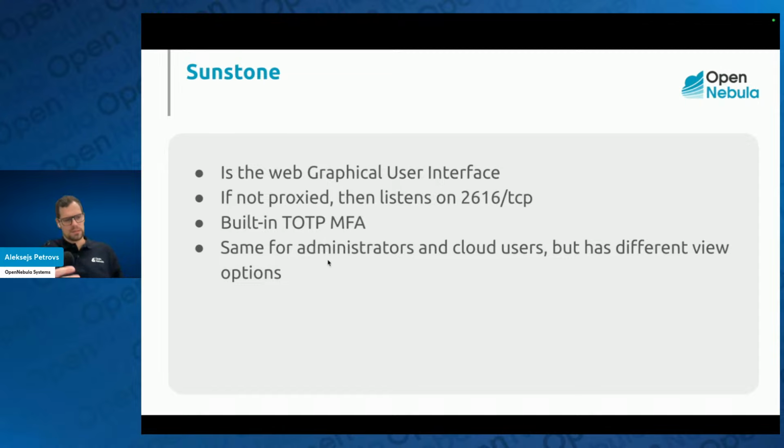Now, during this session, we assume that we are using the top-tier administrator called oneadmin. This user has access to pretty much everything. I like to say that it has almighty capabilities in the scope of OpenNebula.